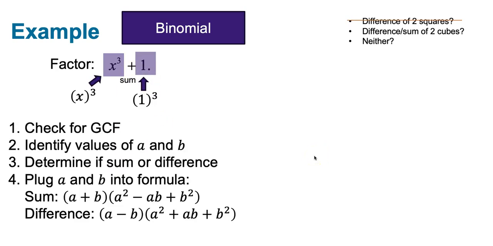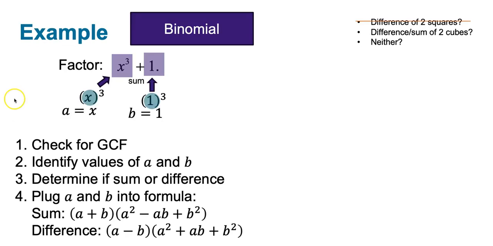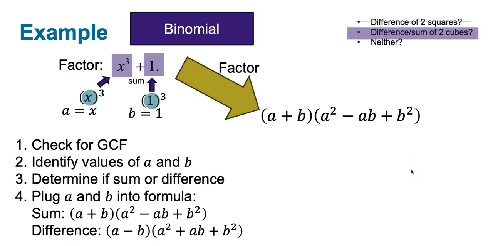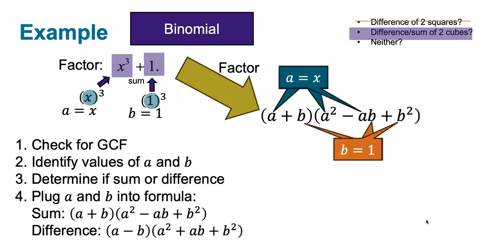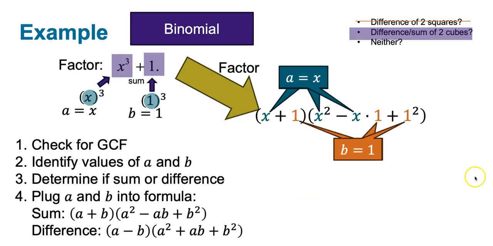Let's follow the steps to find the factorization. a is x and b is 1. a and b are the base of the exponential expression. We're ready to factor using the factoring formula for the sum of two cubes. Now we must substitute the values for a and b. And we have our factorization. With the sum or difference of two cubes formula, typically there is some simplification you need to do afterwards.